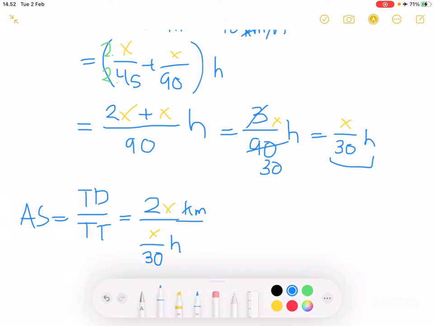We're probably not very comfortable dealing with these fractions, so we just write this as a division problem. So 2x, and I'll just extract the units for our speed, and remember our units for our speed right now is kilometers per hour. So I'll just write everything right here.